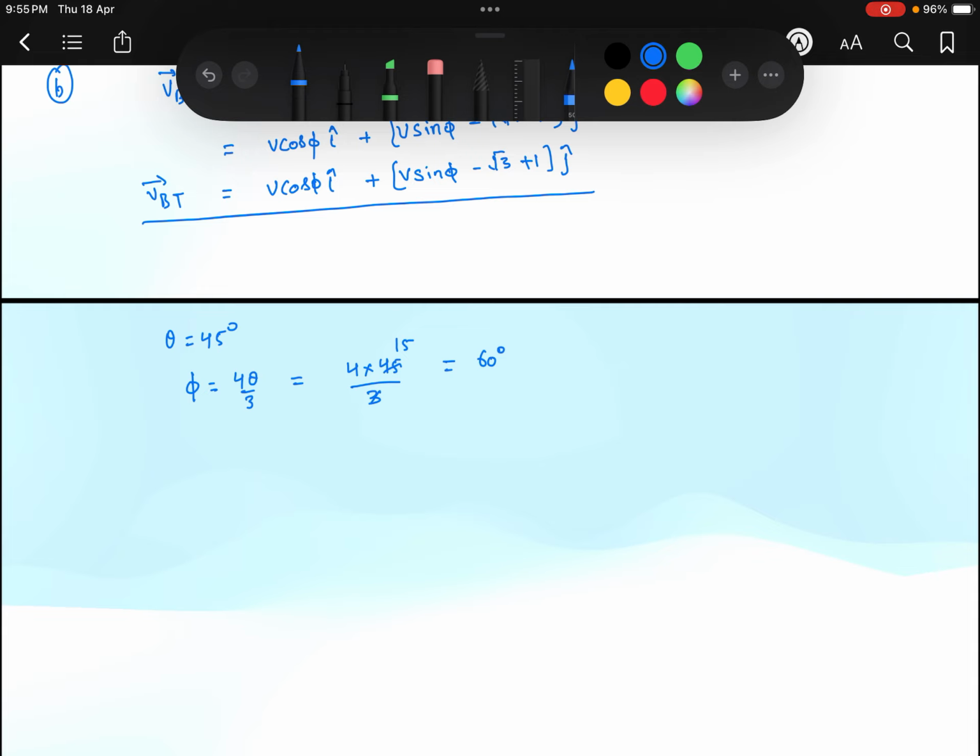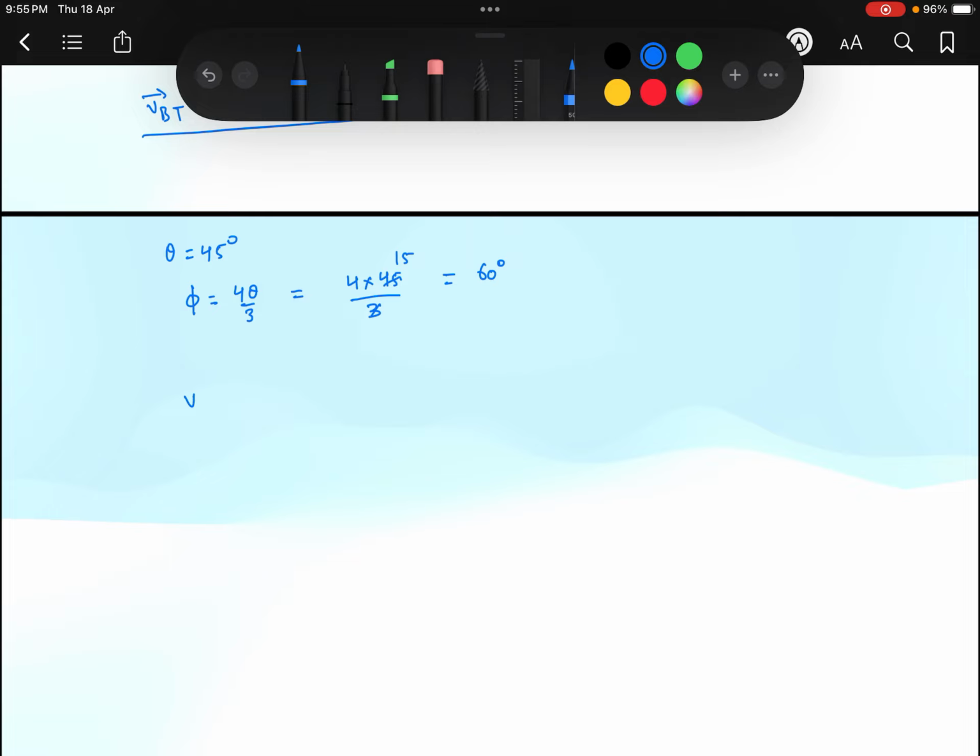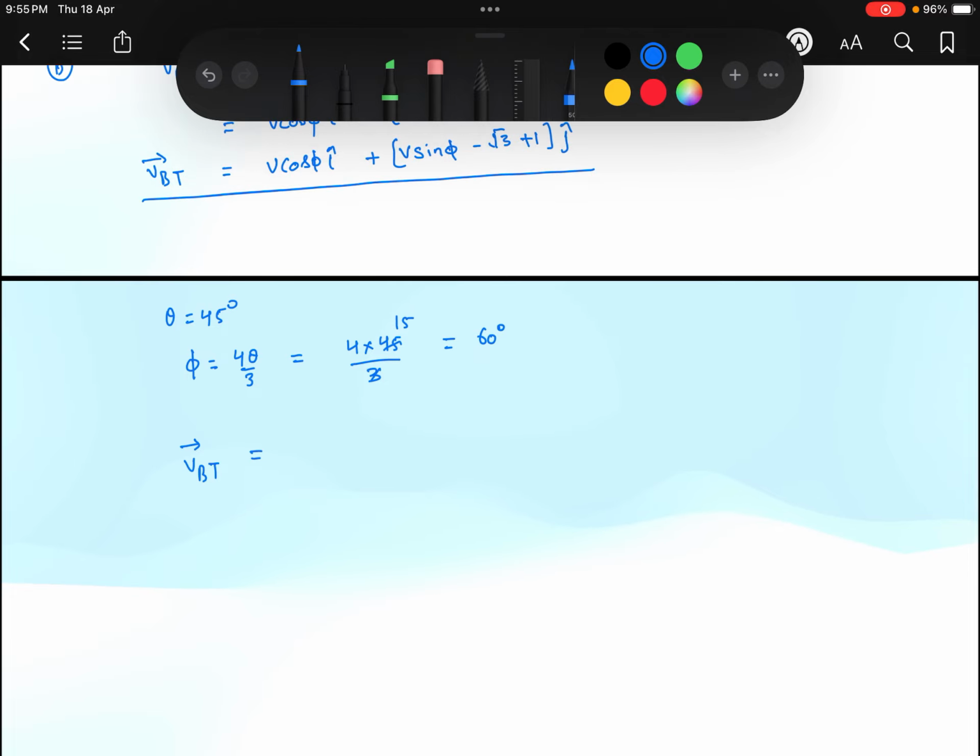Okay. So again we can write this equation that velocity of ball with respect to trolley will be equal to v cos 60 degree i cap plus v sin 60 degree minus root 3 plus 1 j cap.